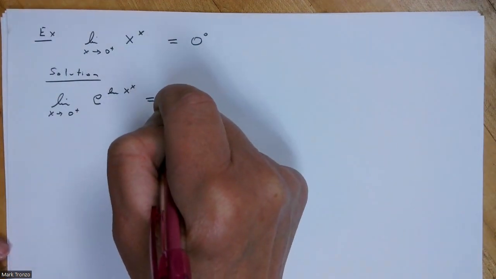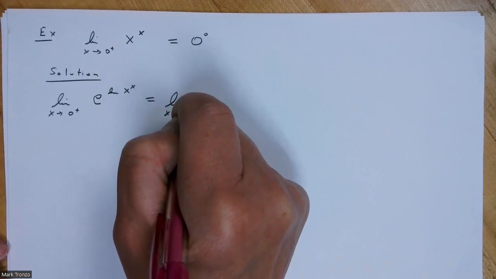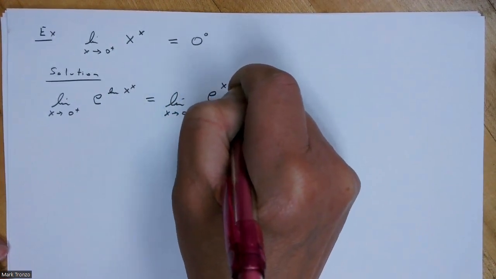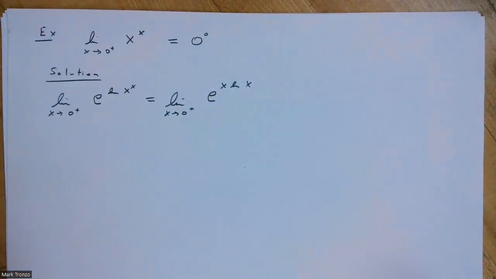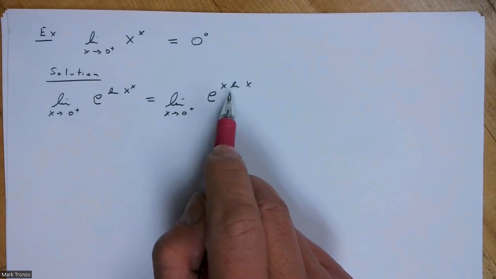That's going to be equal to the limit of e to the x log x, like this. And then the question is, what is going to happen here?